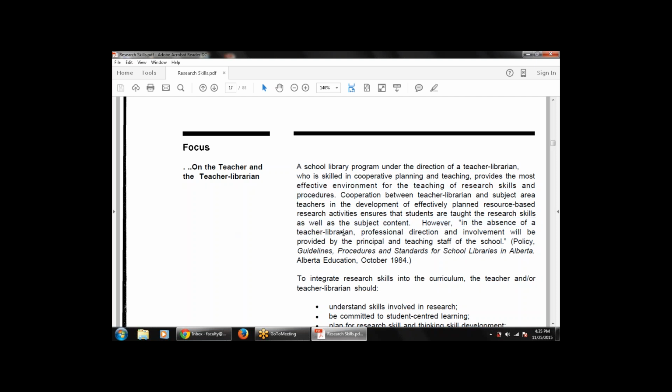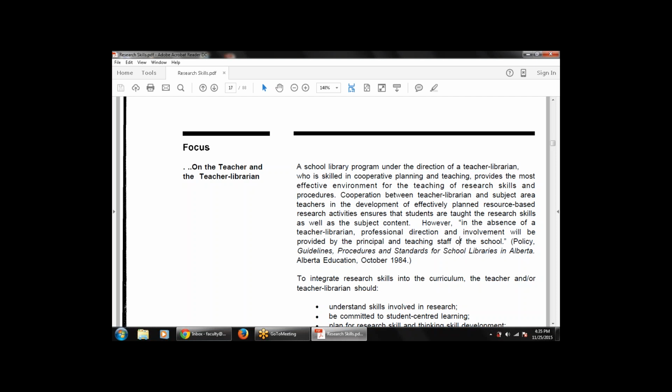So if the teacher librarian who schedules the research skills program is not available, professional direction and involvement will be provided by the principal, who is the best person in place of the teacher librarian, and by the teaching staff of the school.